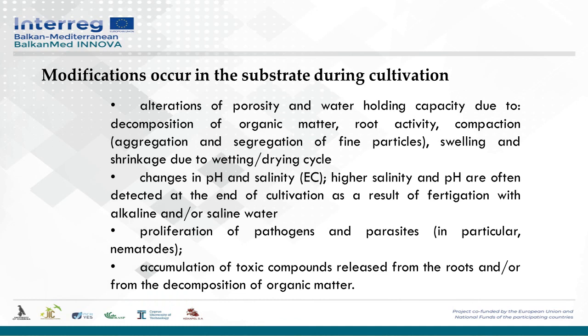And finally, in a substrate we can find accumulation of toxic compounds which are released from the roots or from the decomposition of organic matter, or simply toxic ions which are not taken up by the plants during the entire plant growth cycle.